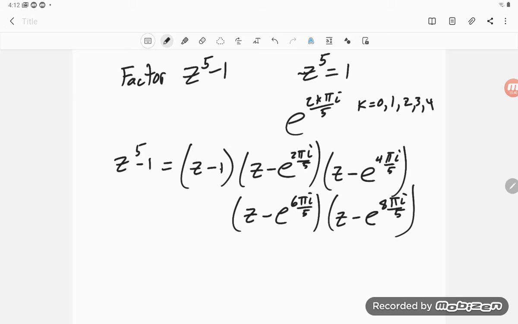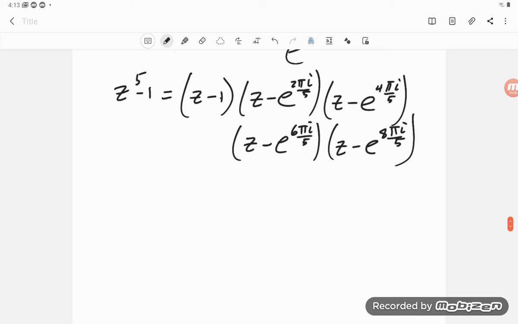Okay, there I factored that. And now these are not principal args, okay, in the textbook, then they mention the principal arguments.